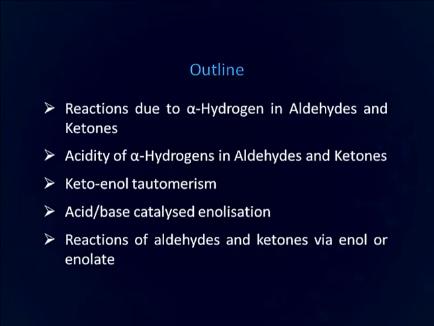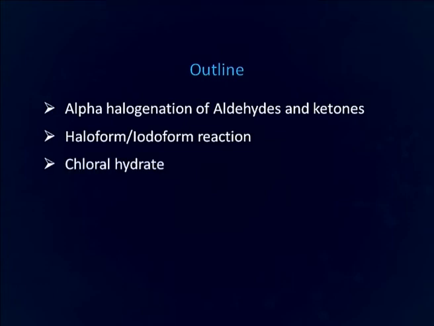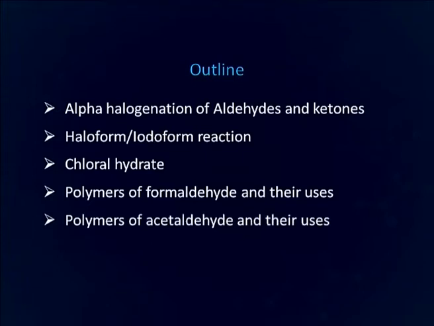Then we will discuss reactions of aldehydes and ketones via enol or enolate. In the same lecture, we will discuss alpha halogenation of aldehydes and ketones, which includes the haloform or iodoform reaction. We will discuss the formation of chloral hydrate and its uses. Then we will discuss polymers of formaldehyde and their uses, and polymers of acetaldehyde and their uses in day-to-day life.